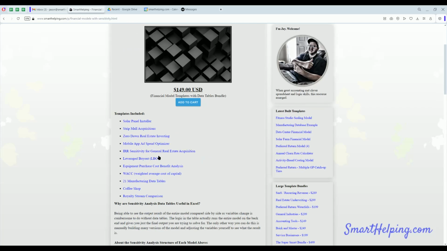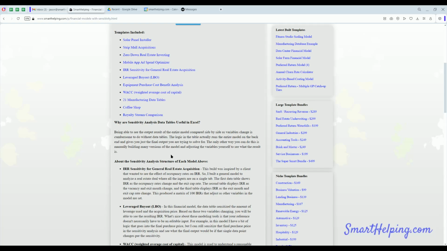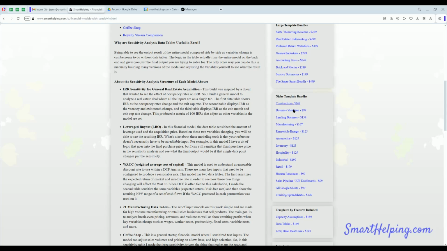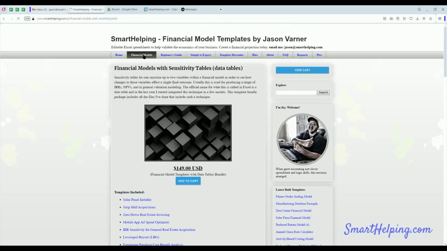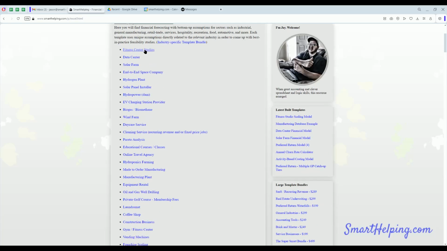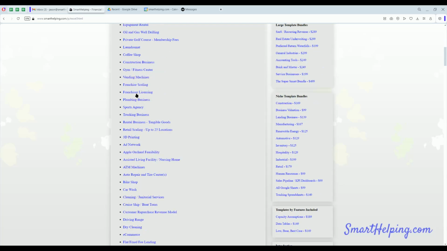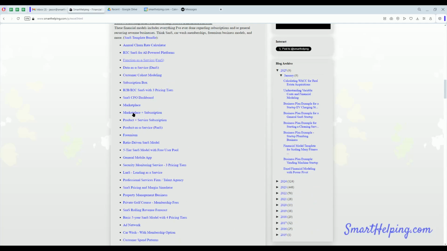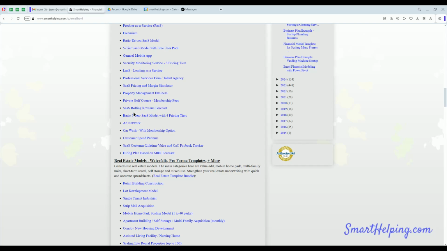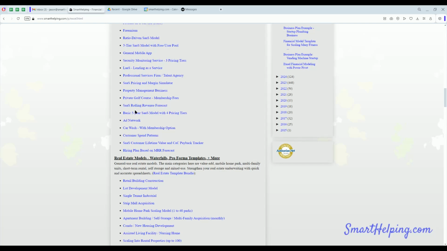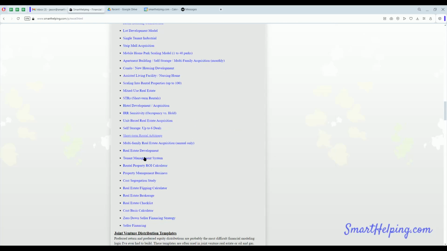And I was actually thinking about adding a new bundle for startup tools in Excel. And I don't have it right now. I mean, technically, most of the models I do are for startups, but they're usually full financial projections based on bottom-up assumptions for just different businesses. So 90% of the things here on the site can be used for startups.